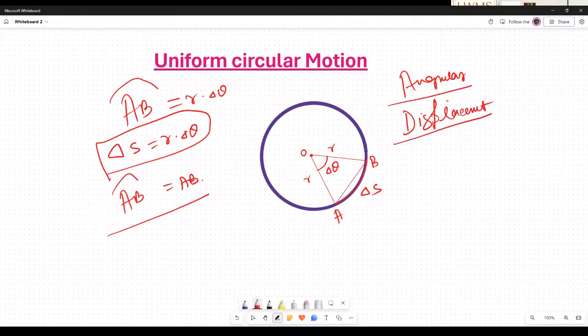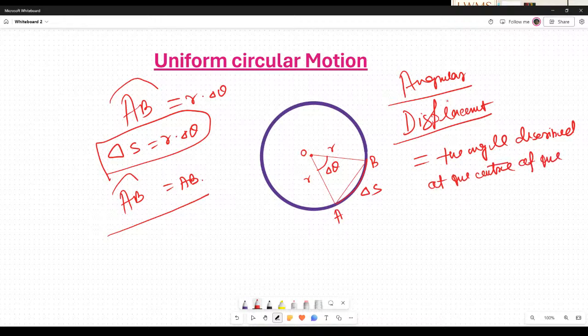Angular displacement of a particle is equal to the angle described at the center of the circle in a fixed time. That's why it is displacement. Time you have to specify. If you don't say fixed time, then it is not angular displacement. Okay? So, angular displacement is the angle described.